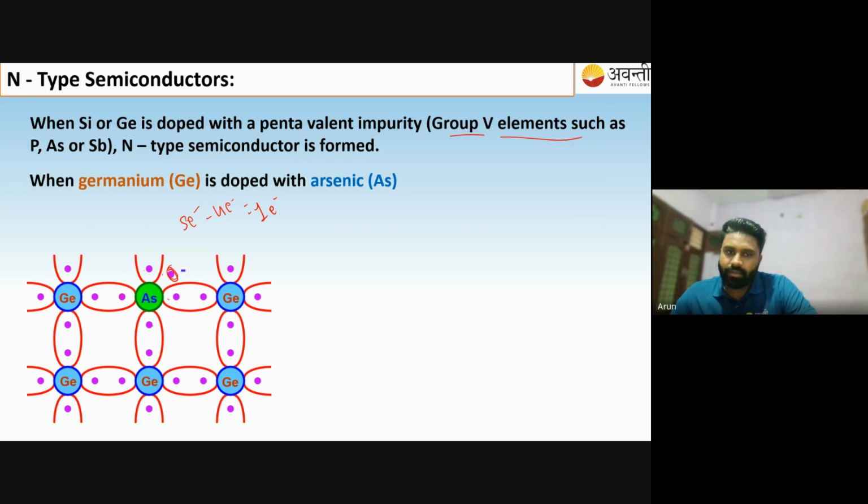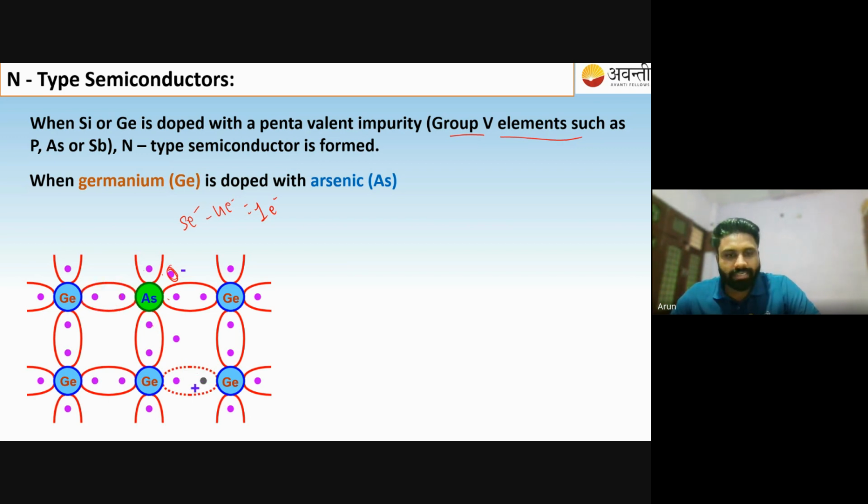And right now we have not provided any kind of heat energy to it. So there is no vacancy created in the germanium atoms which are bonded together. It just happened when we doped this impurity. Got it?